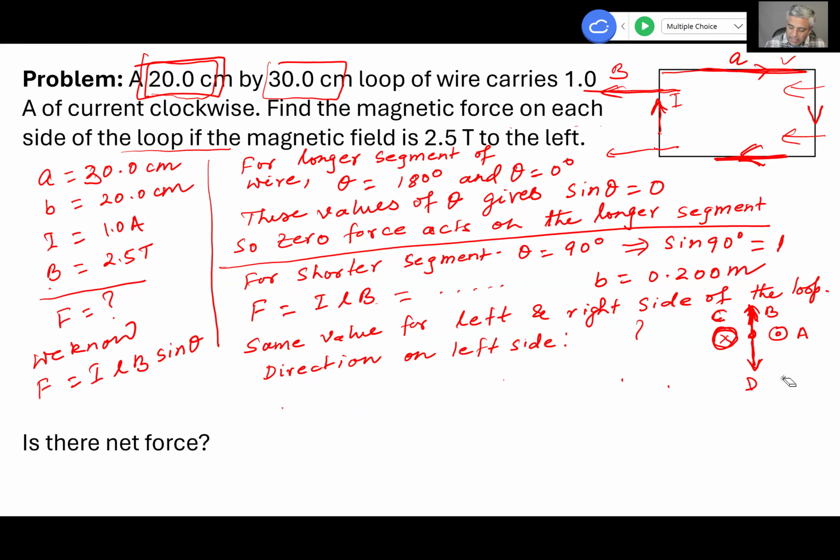Now for side B, or the right side, the direction of B is the same. The thing that changed is just the current. Now the current is coming towards me.